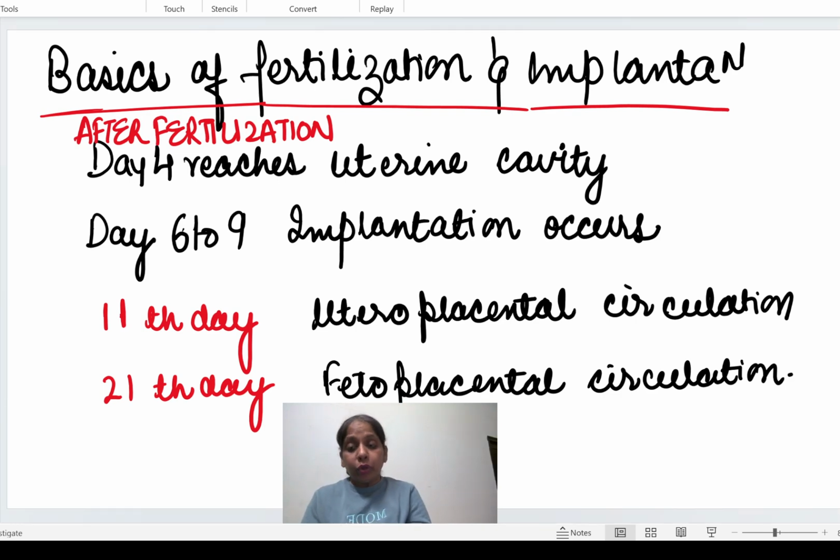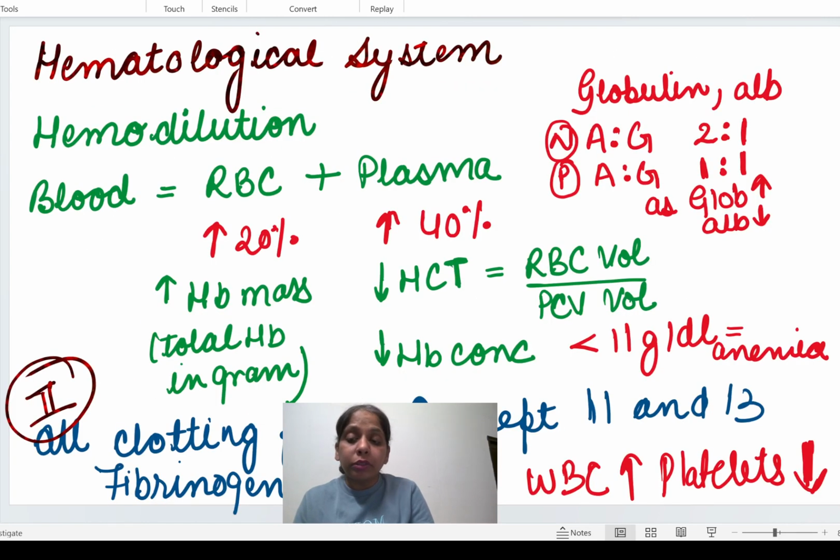So I already told you, when we are saying zygote, morula, embryo or fetus, we are telling it in relation to the fertilization days.